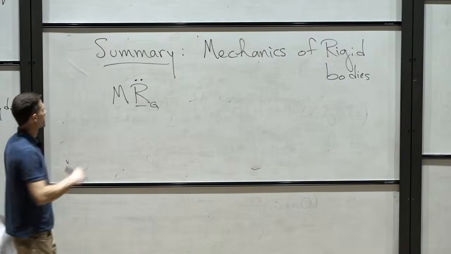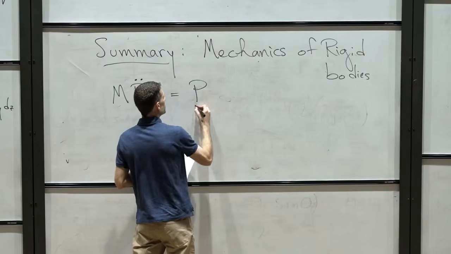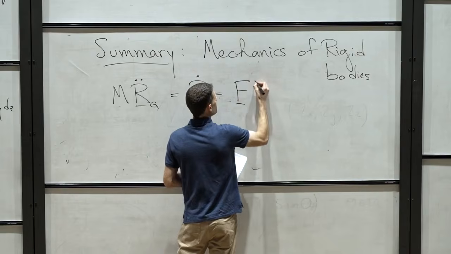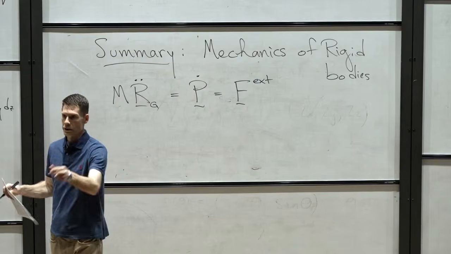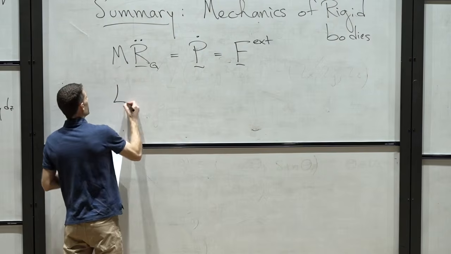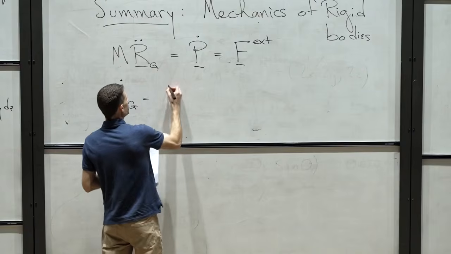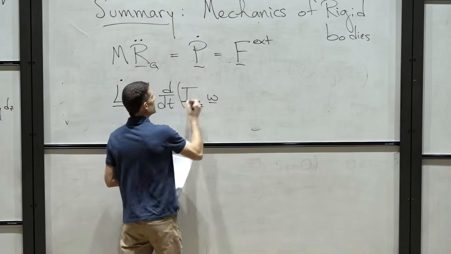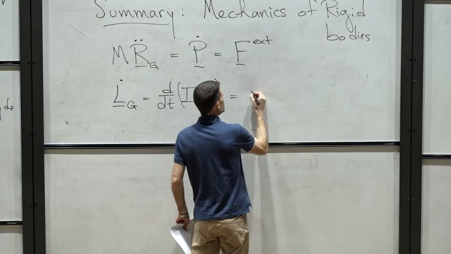One, balance of linear momentum, which says that M times R_g double dot, which I can also write as P dot, the total momentum, is equal to the external force, and we'll just write it that way, meaning that if there's more than one, we sum them. And now we couple that to L_g dot, which is d/dt of I_g omega, is the total torque.